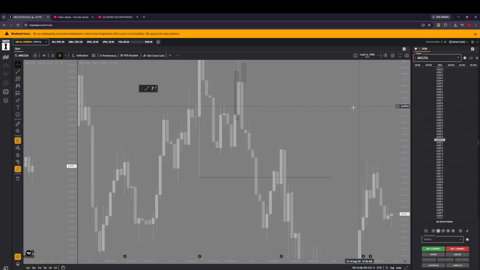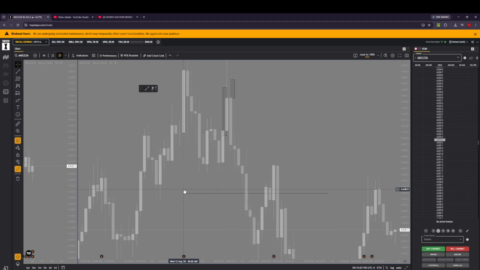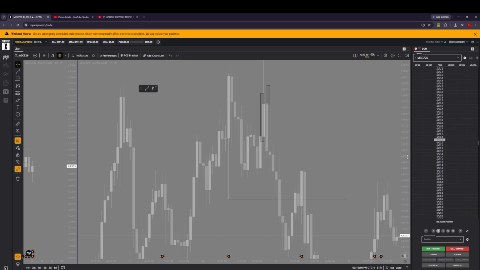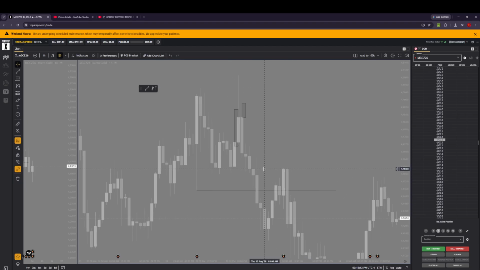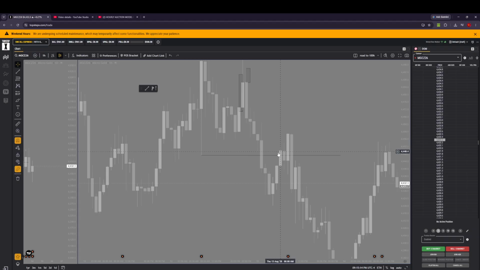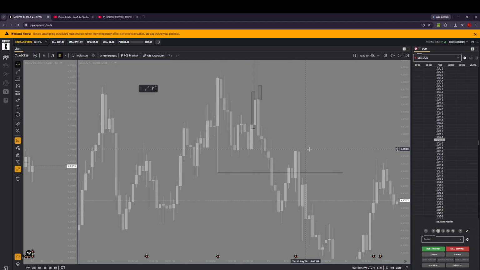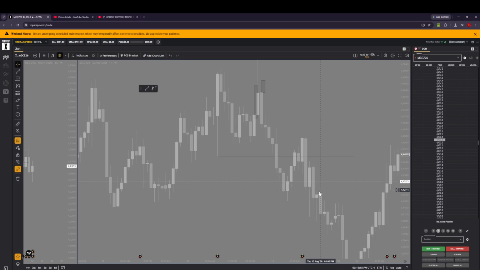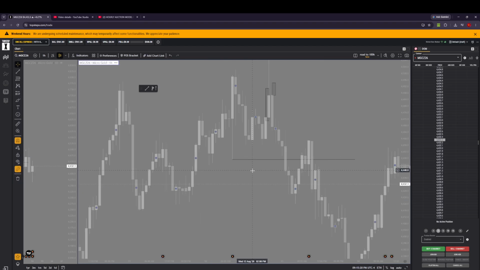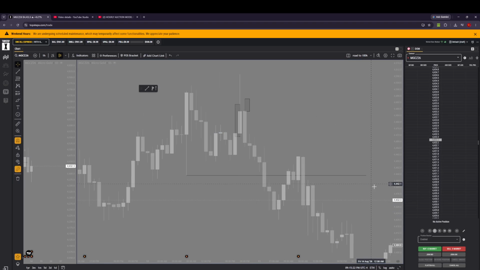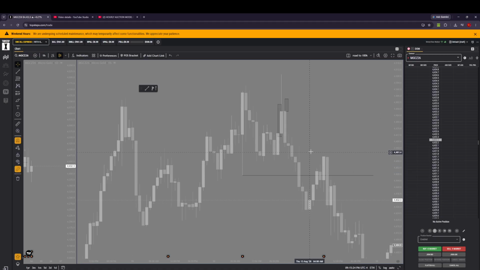This is the strongest draw on liquidity because there's a lot of buyers in this wick, showing that there's a lot of stop orders here. And price would most likely come to this level and reverse up higher. There's going to be natural movement after we take this wick. So we can target that wick and understand that we're probably not going to get a reversal until we take that wick.